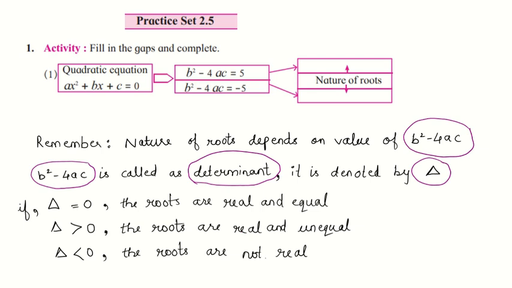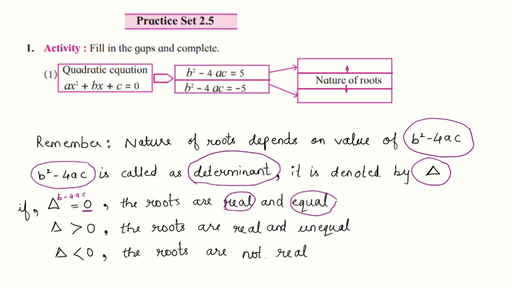If we solve b square minus 4ac, which is delta, and we get the value equal to 0, the roots are called real and equal.